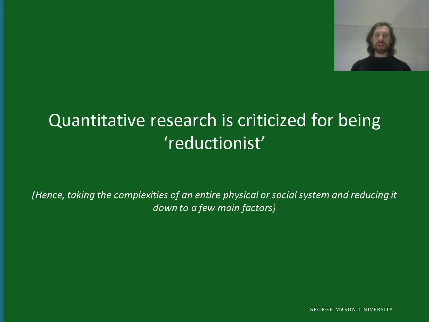As I've explained very briefly, quant is often criticized for being reductionist. So we're going to reduce a process which maybe has 20 different factors influencing its outcome down to 3 or 4 factors which explain the majority of the variance in the data. So let's say 3 or 4 factors explain 60% of the data. Well, I'm just going to use those 3 or 4 factors to build my predictive model. I don't care about the fact that 40% of the data can be explained by others, so let's just say 16 factors.